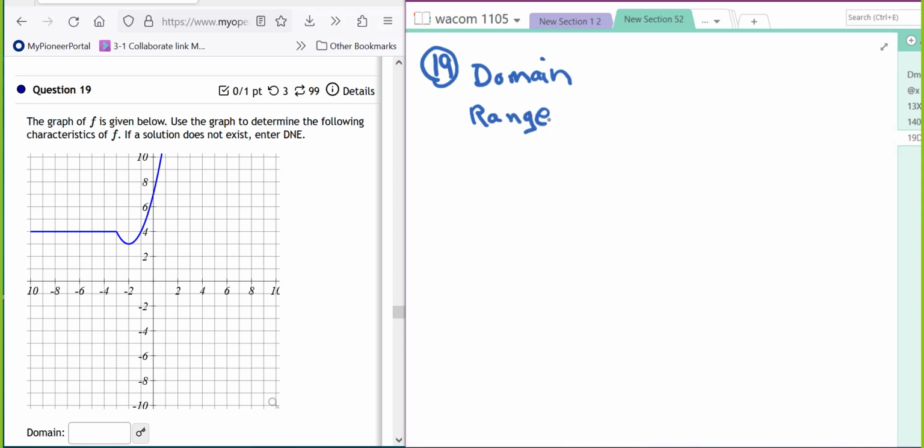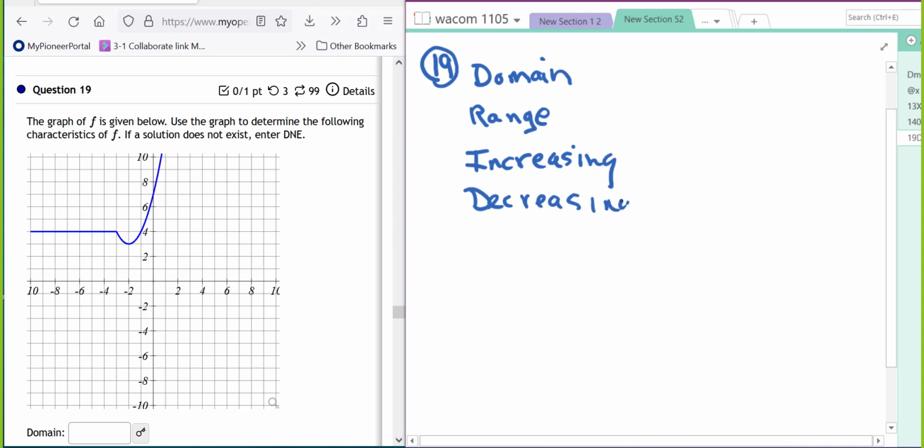And we'll have to look at the questions for the rest. It'll ask increasing, decreasing. I can write those. Constant. It will ask max or min.